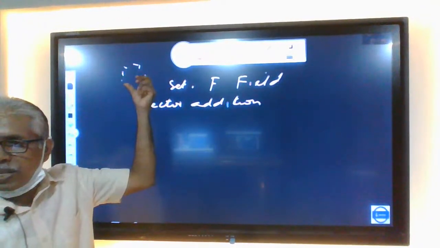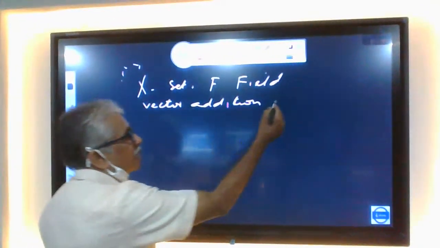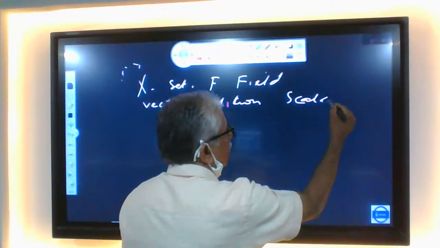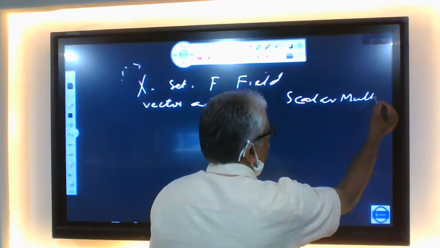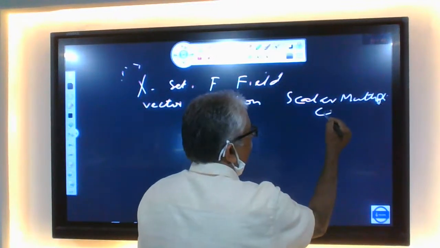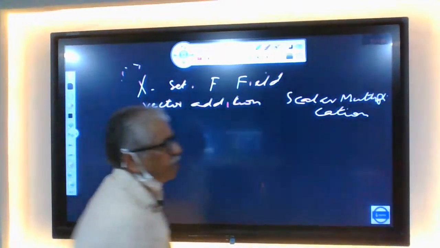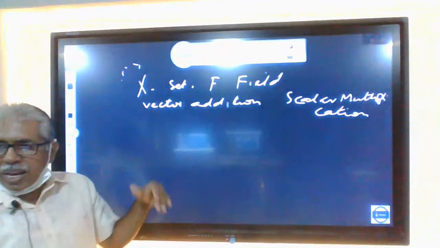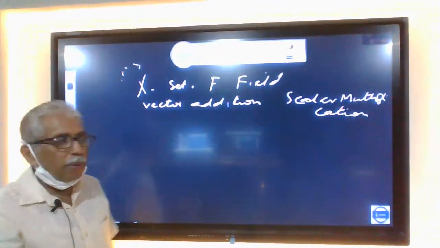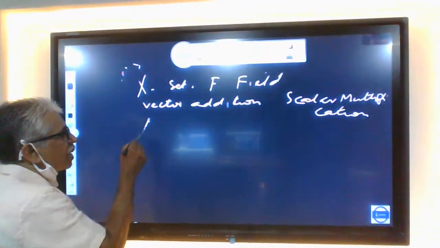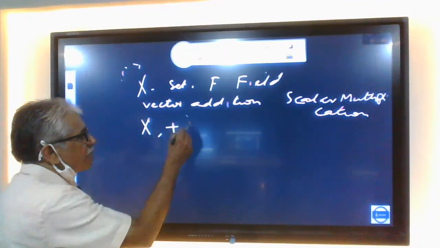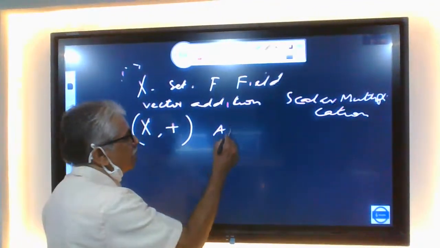So addition of points in X is vector addition, and then scalar multiplication. The vector addition and scalar multiplication satisfy some properties. With respect to vector addition, X with plus is an abelian group.